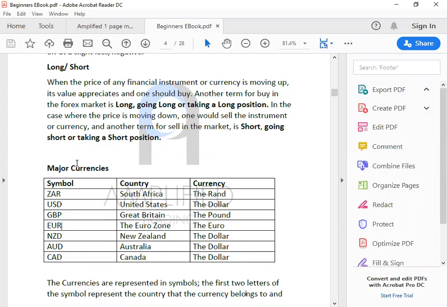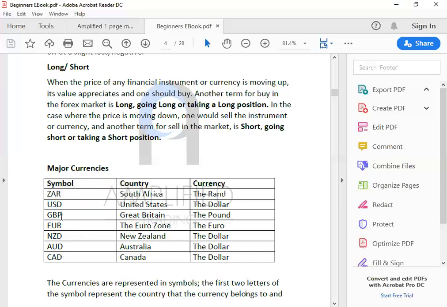Now, currencies are represented in symbols. The first two letters of the symbol represent the country that the currency belongs to. So in USD, the US stands for United States, and then the D, the third letter, stands for dollar, or the currency.